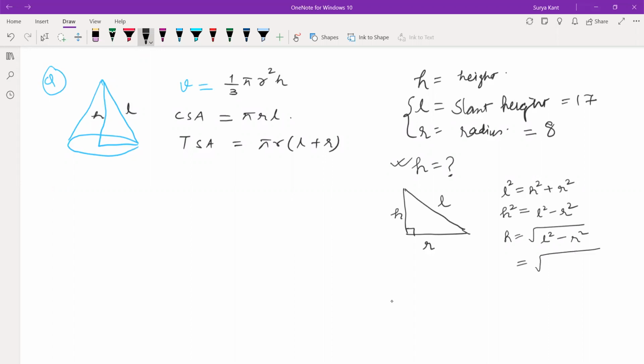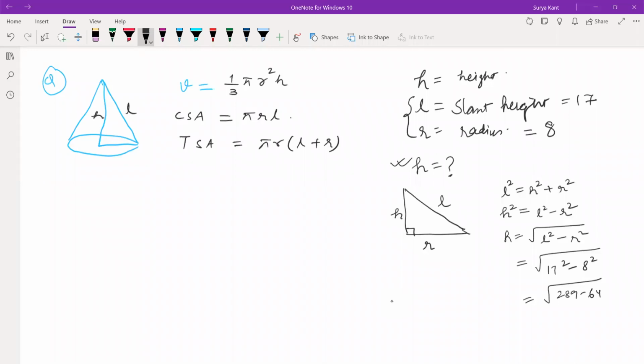So what you get as the answer of H? Now you can find and tell me. Three, sir. L square is 17 square minus 8 square, right? 289 minus 64.